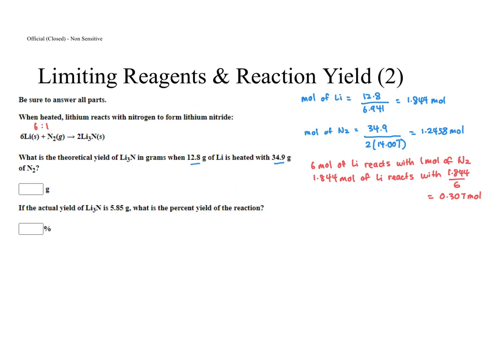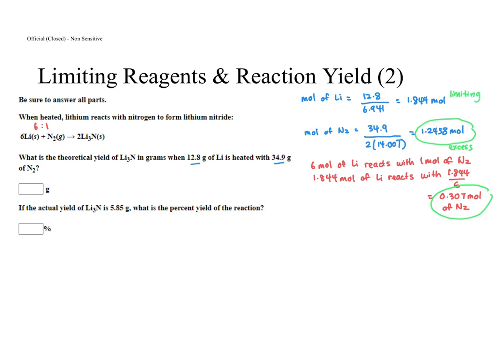Which is 0.307 moles of N2. So if we compare the amount of nitrogen that we need and the amount of nitrogen that we have, we see that the amount of nitrogen we have is actually in excess. And so lithium is actually the limiting reagent.